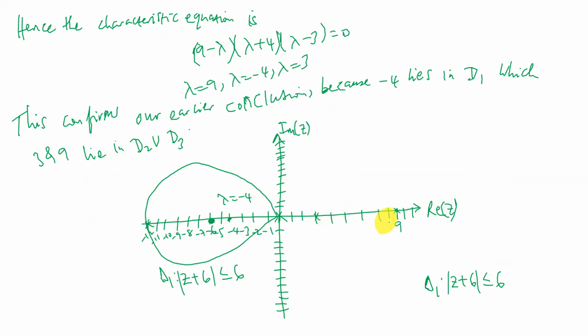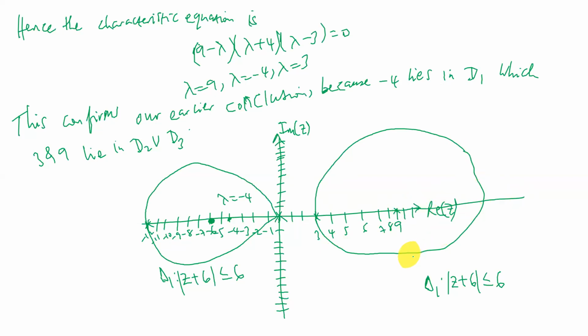So this is 8, 7, 6, 5, 4, 3. Okay, I was supposed to extend the original axis, the horizontal axis here, so this must just go on like this. If it's 6 units, it's going to be 15 here. So it means therefore lambda equals 3.